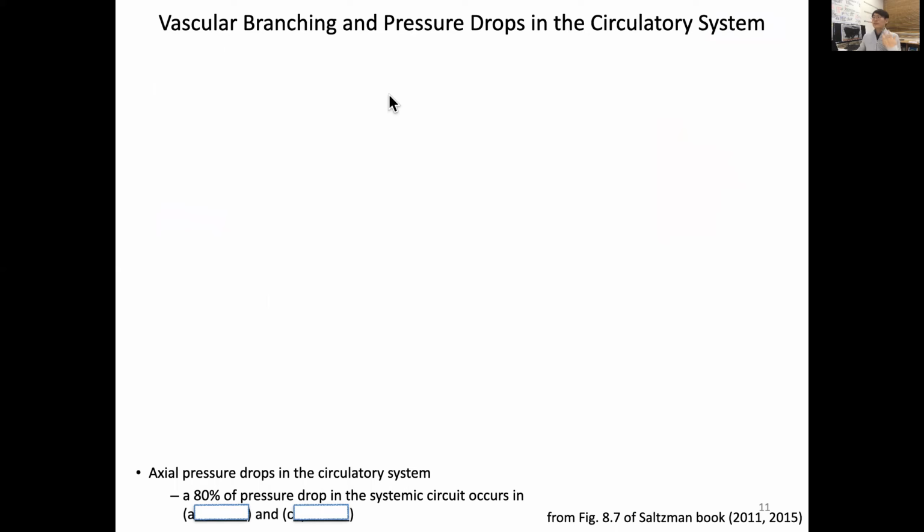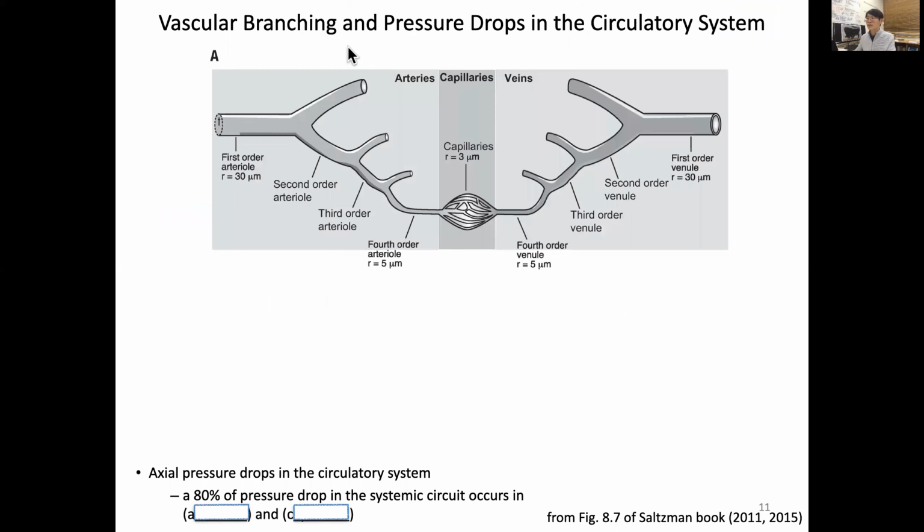So how does this relate to our circulatory system? As a reminder, the resistance is proportional to R to the minus fourth, so the radius is very important for the pressure drop. Let's look at a simple diagram of the vascular branching system. We have the first order artery, which branches out into second order, third order, and fourth order, and now it becomes a diameter of about 10 microns.